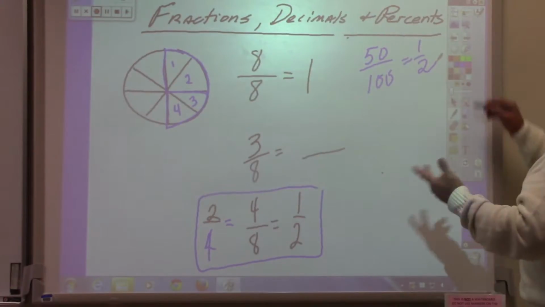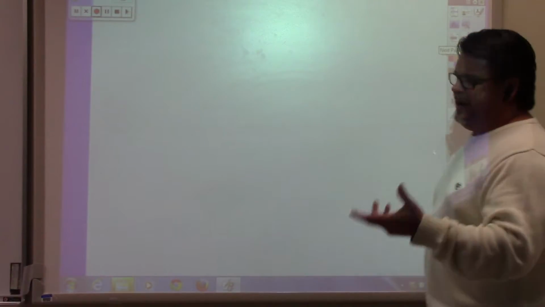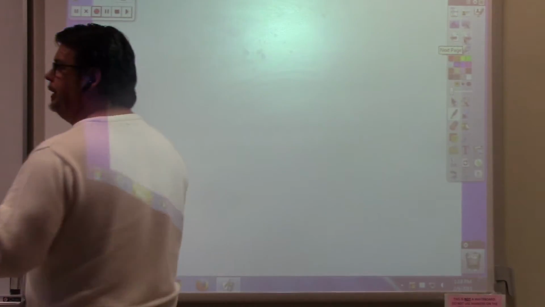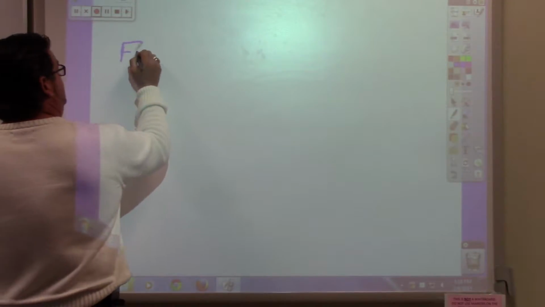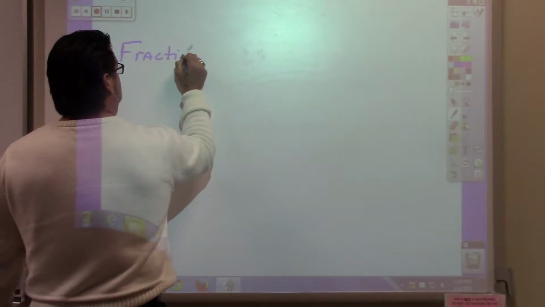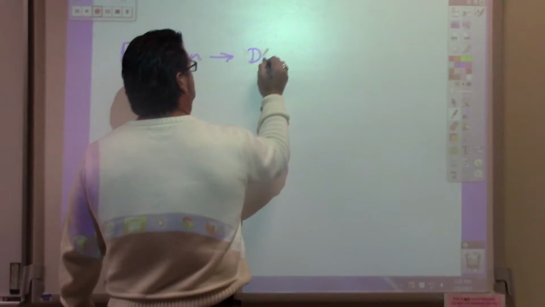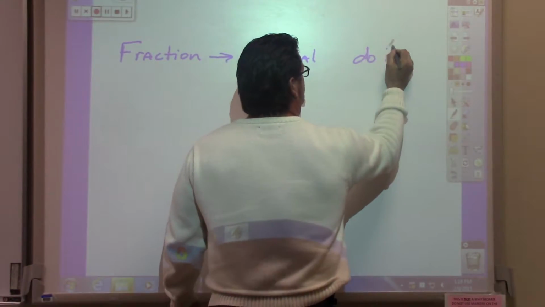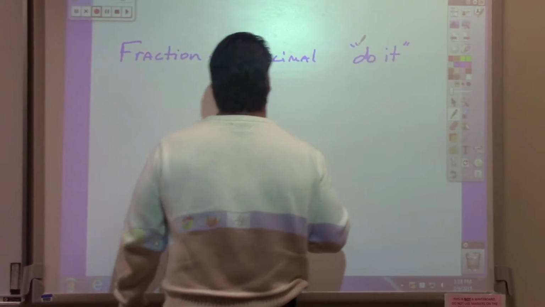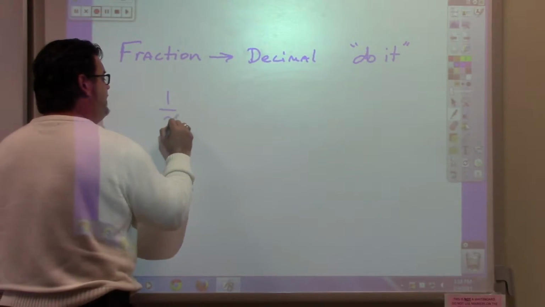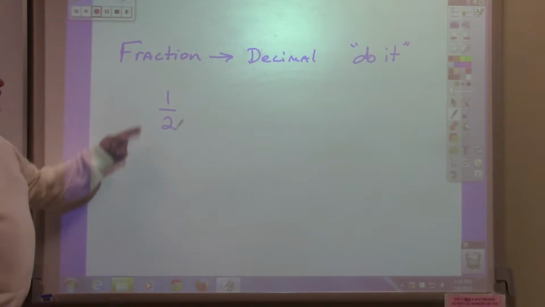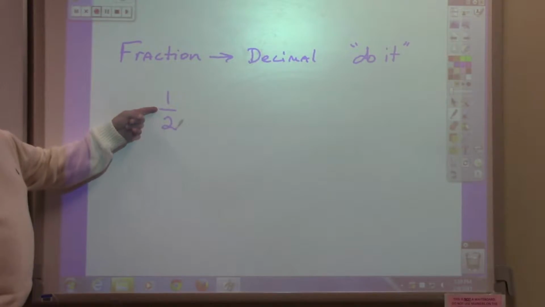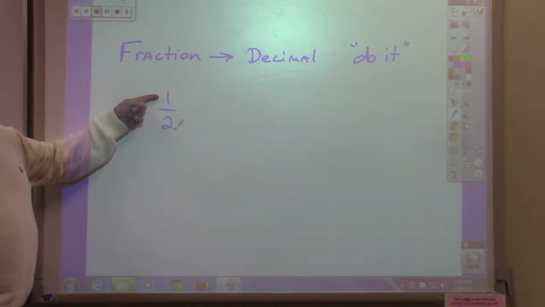Now, how do you make a fraction into a decimal? Well, you just do it. Now, what does that mean, Hubert? Well, 1 divided by 2. Well, what does that say? I'm going to take 2 and I'm going to divide it into 1.